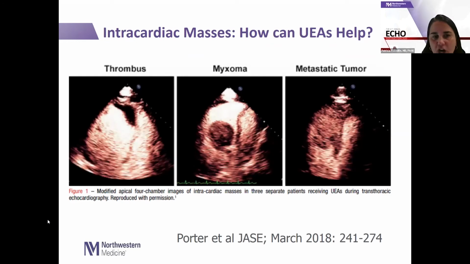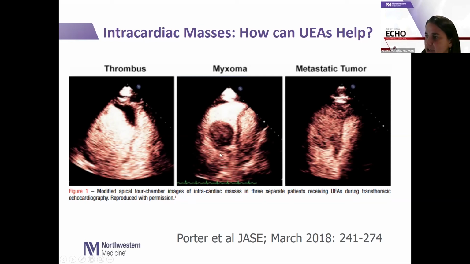How about intracardiac masses? How can UEAs help with intracardiac masses? Well, if you use very low MI, you can see whether there is any opacification of the fixed defect. So here you see with thrombus, which is avascular, that you don't see any ultrasound enhancing agent within the mass.